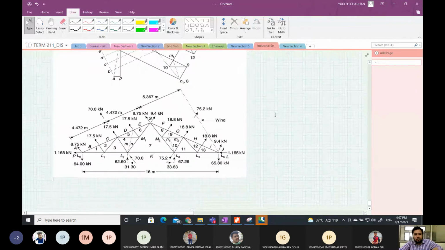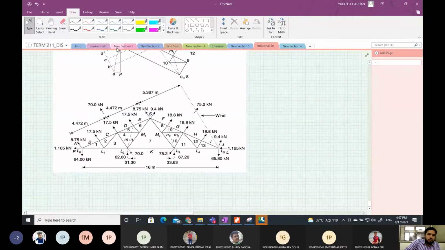To draw the wind load, here again you do the Bow's notation. Wherever there is a space in clockwise direction, you will have two spaces created, because these loads are normal to the roof, so there will be a horizontal component as well as a vertical component of the reactions.